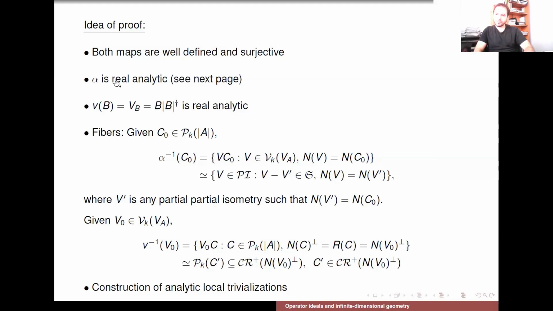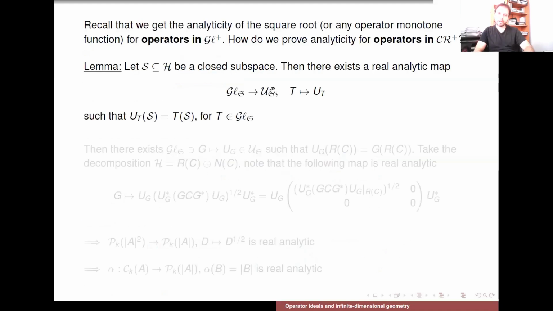We want to see why alpha is a real analytic map. From what we know from the previous slides, the square root of any operator monotone function is real analytic in the set of perturbations associated to invertible positive operators.